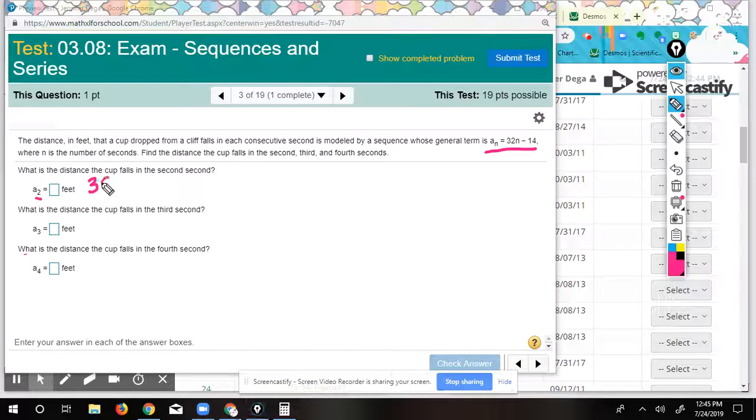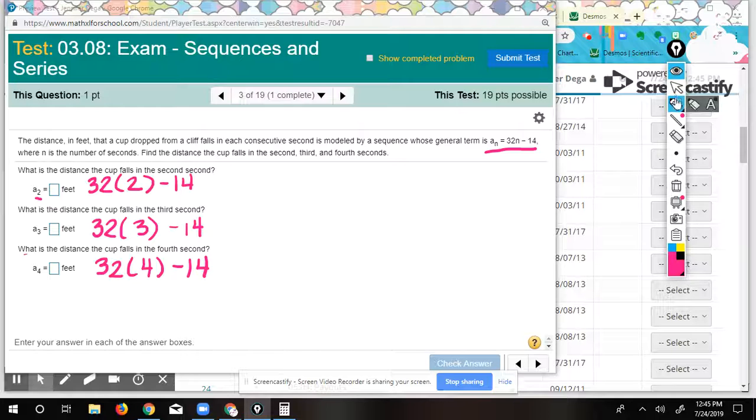We're going 32 times 2 minus 14, 32 times 3 minus 14, 32 times 4 minus 14. That tells us where that cup is.